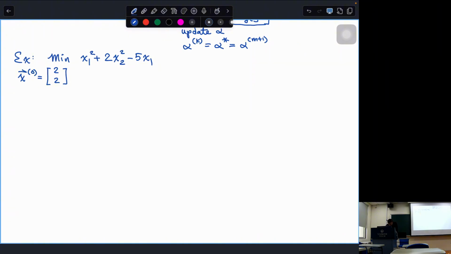And I know my gradient of f looks like 2x1 minus 5, 4x2. Okay, that's the function form of the gradient. So now I'm trying to solve this problem. I need to follow the steepest descent equation.